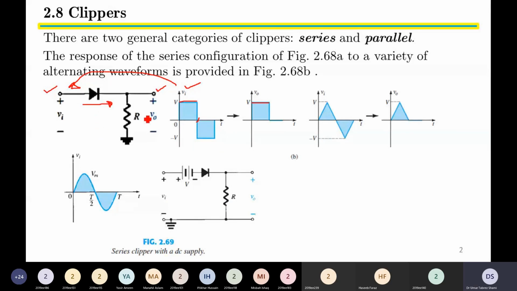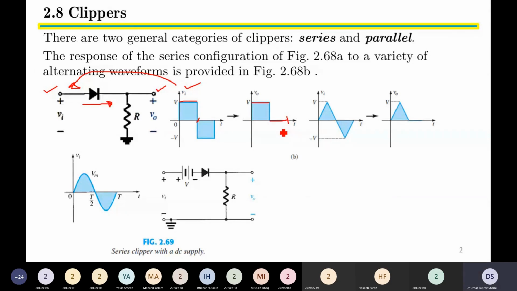Hence, the output voltage will be 0 from T by 2 to time T. Therefore, the clipping action is that in this case, the negative part of the input signal has been clipped, or eliminated.